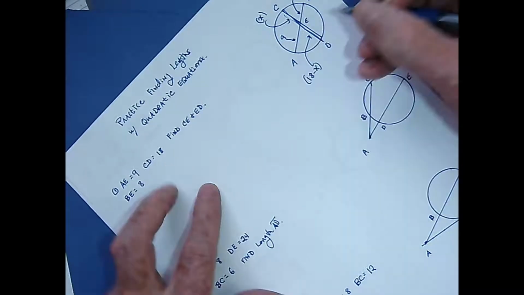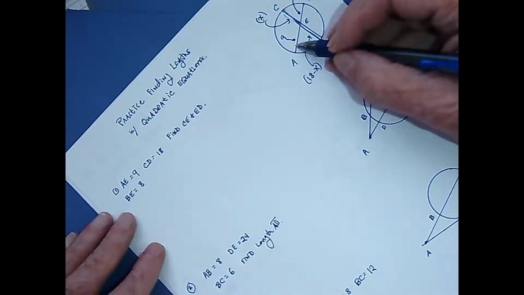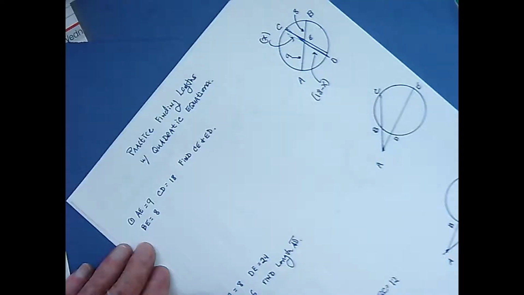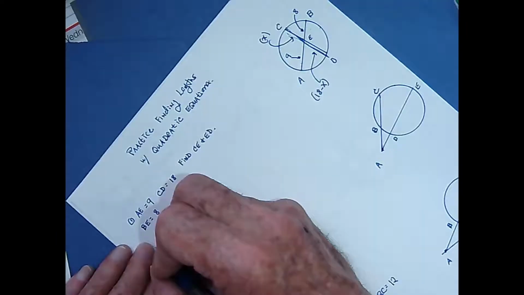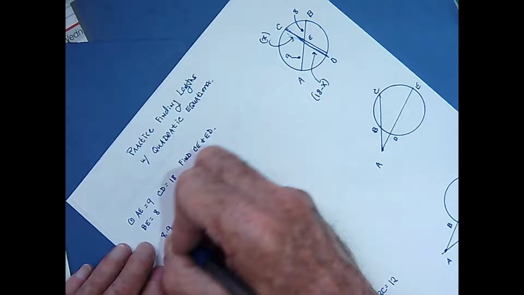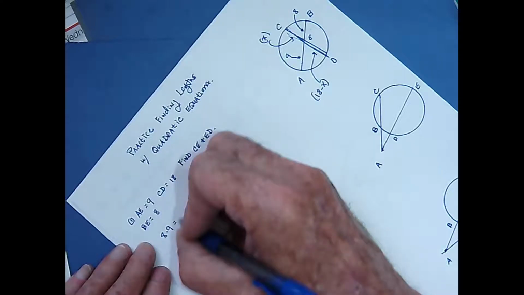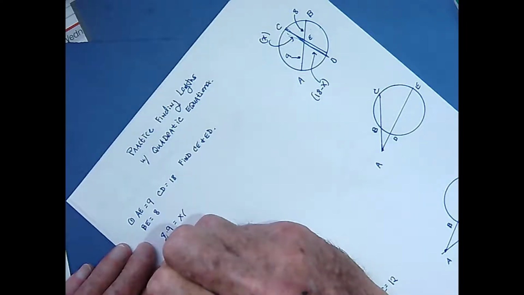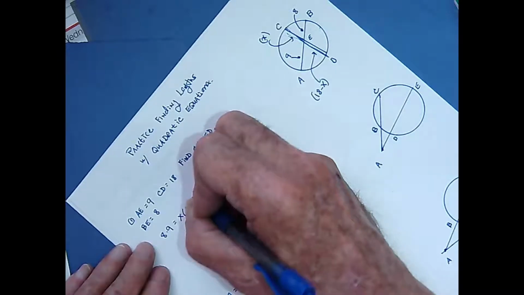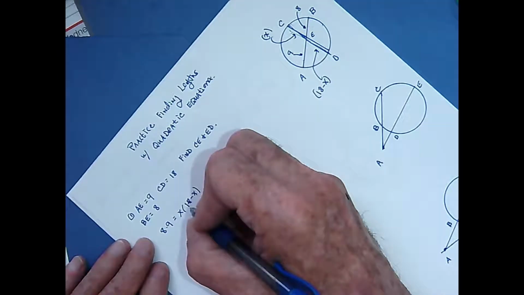And then we just jump in with part times part equals part times part. And let's do that now. That would look like 8 times 9, in either order, is equal to X times 18 minus X. So yeah, we're going to get a quadratic equation coming here.